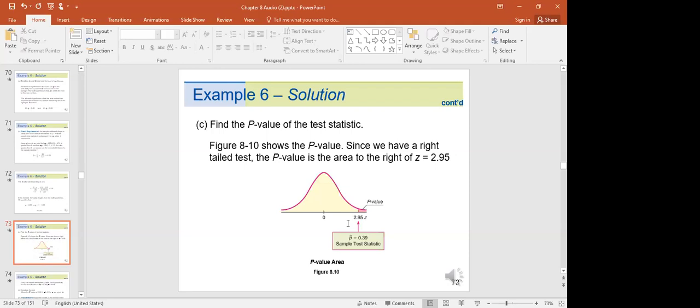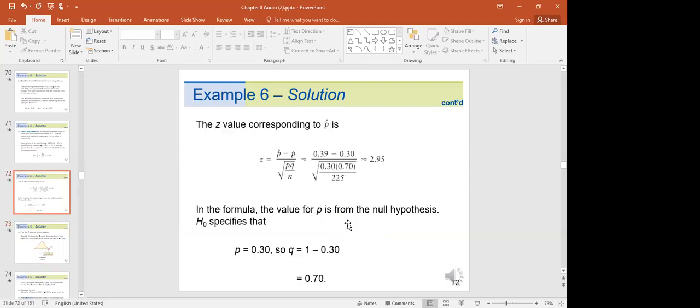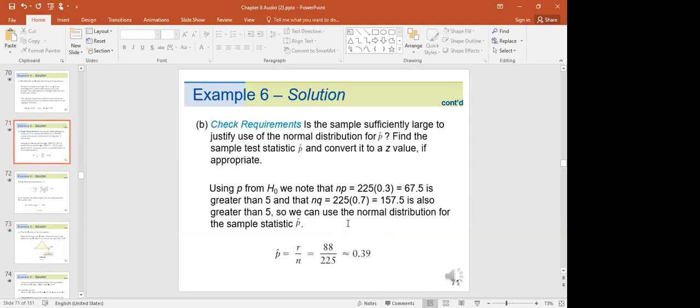So what do you have for P0? 0.39. No, it's 0.3. Oh, okay. What is on H0? That's what you use on P0, or mu0 is what you have on H0. And what is your X? 88. And N? 225. Okay, so you now choose greater than and calculate. Oh, okay, gotcha. There we go. Thank you.